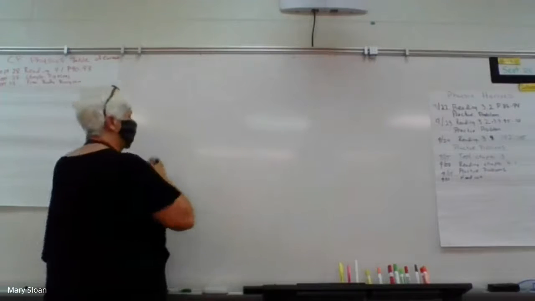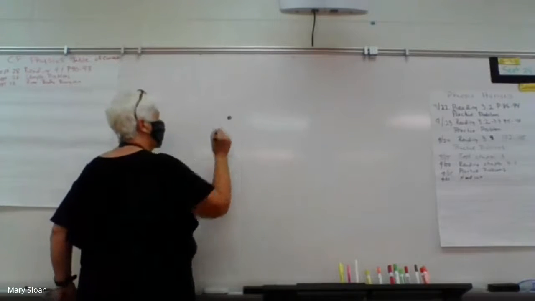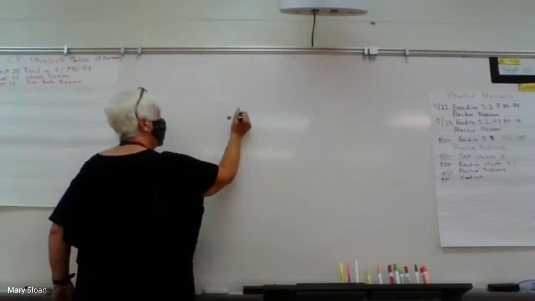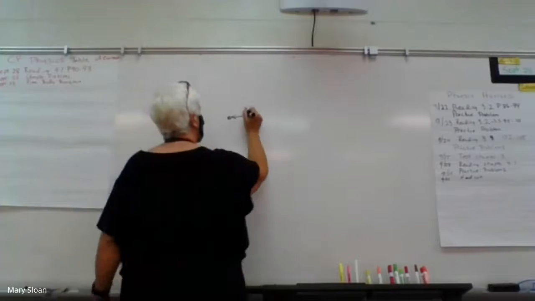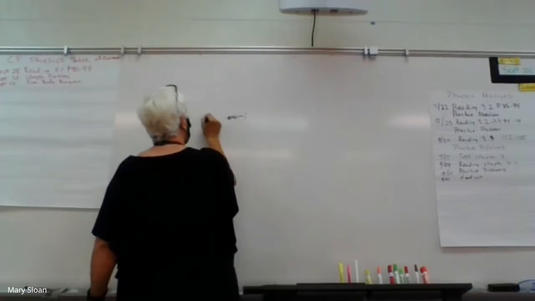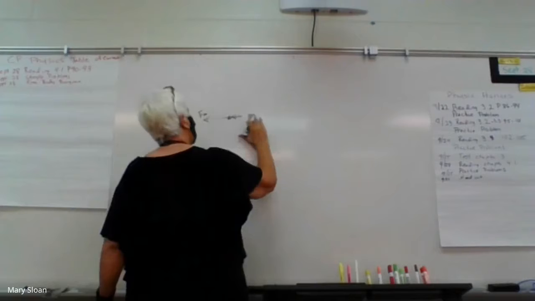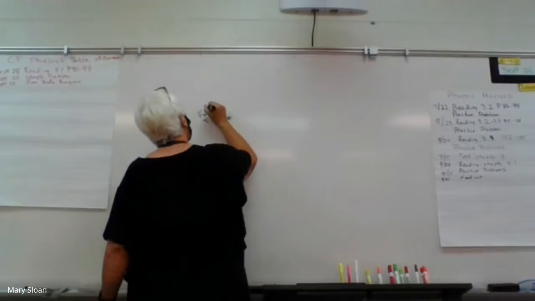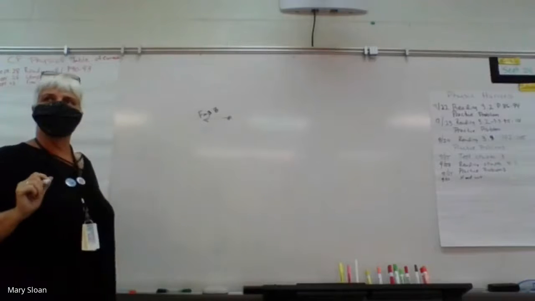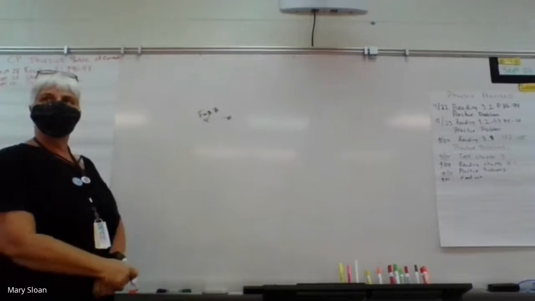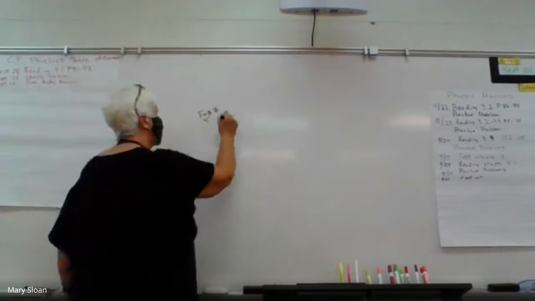The force of the bat, or the force of the person swinging. So here's the ball. We have a force that's applied, right? So it'd be on this side, wouldn't it? Force applied on the ball by the bat, right? This way. What other forces would happen? Gravity on the ball.